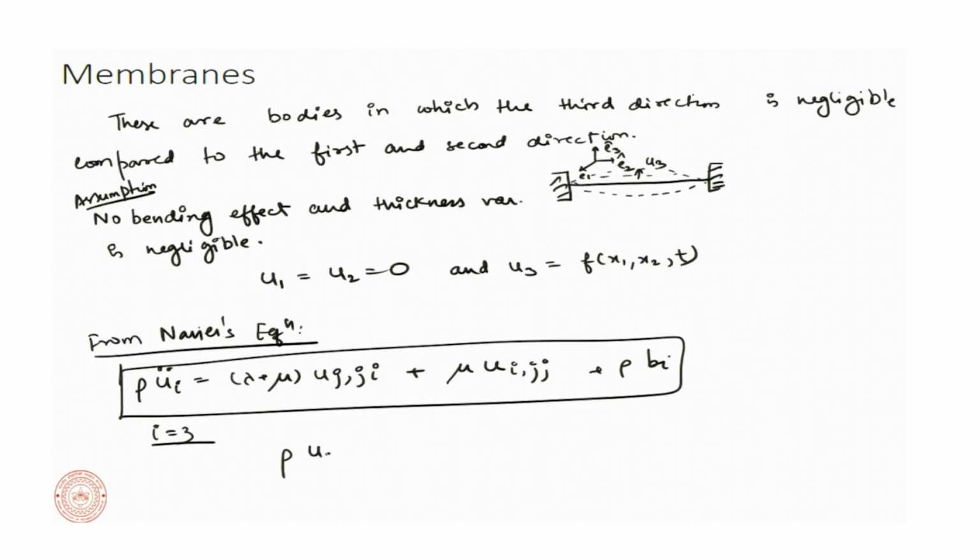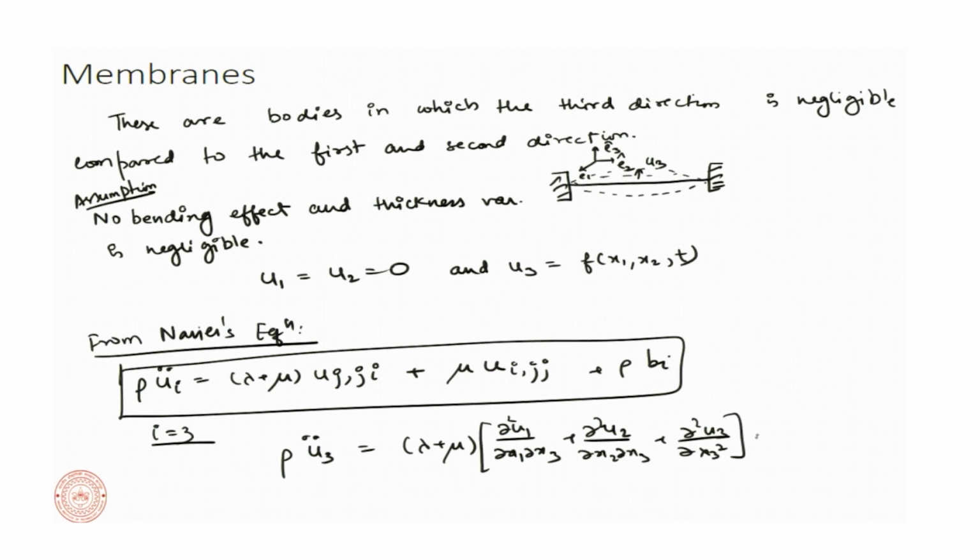So, rho u3 double dot, meaning second derivative with time, is equal to lambda plus mu times, let us write this term: del square u1 by del x1 del x3, plus del square u2 by del x2 del x3, plus del square u3 by del x3 square, plus mu times u_3,jj, that is del square u3 by del x1 square plus del square u3 by del x2 square plus del square u3 by del x3 square, plus rho of b3.